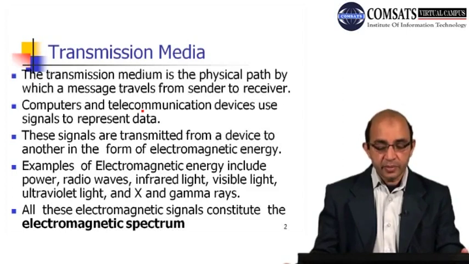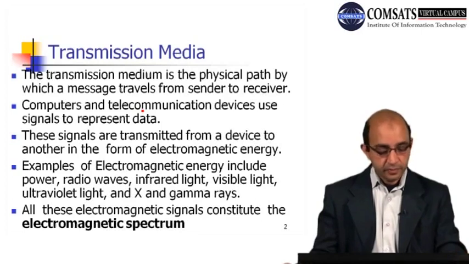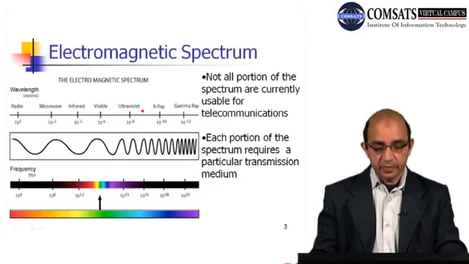We have different examples of electromagnetic radiation: we can use radio waves, infrared light, visible light, which we use when we talk about fiber optics, ultraviolet light, and X and gamma rays. These all fall into the electromagnetic spectra, or you can say they constitute the electromagnetic spectrum.